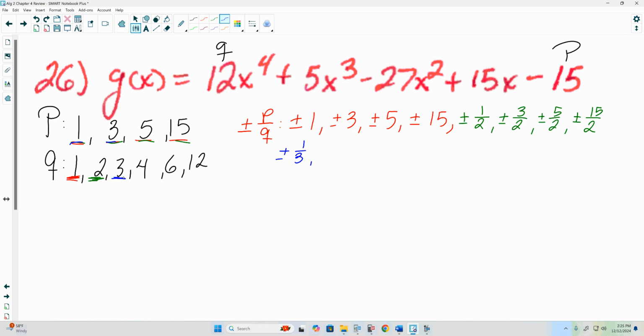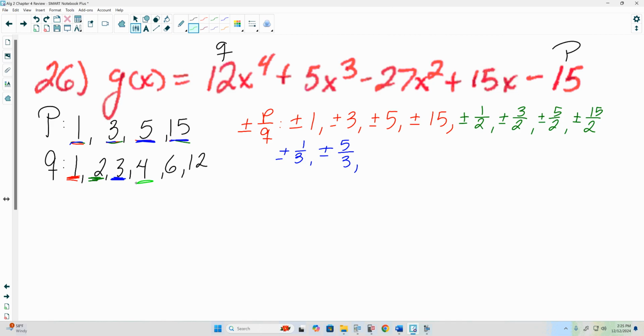Because it's not wrong, it is correct, it's just not necessary. Because 3 over 3 is 1, we're just writing a repeat. We don't have to write any of the repeat terms. So we can just move on to 5 over 3. And then we have 15 over 3, and 15 over 3 is 5. We don't have to list it twice.